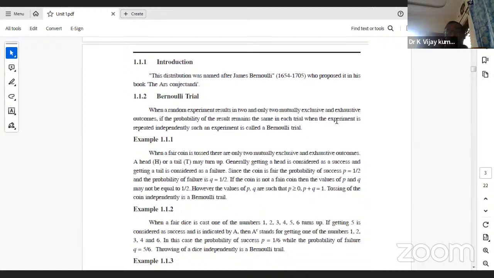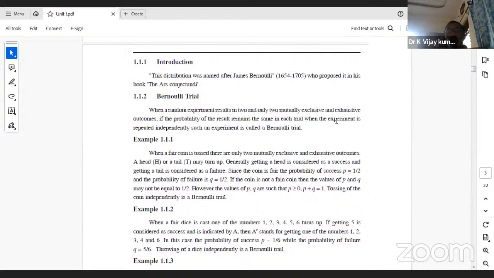Generally getting a head is considered a success and getting a tail is considered a failure.